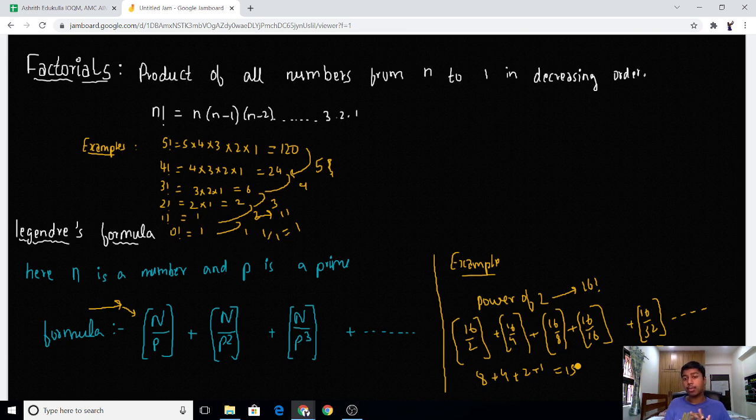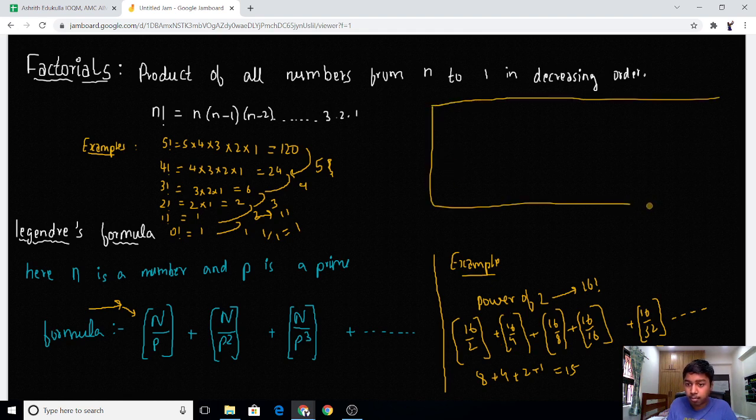One thing you need to observe, let me show it here. If I have the number 20 factorial, I'm just multiplying 20 into 19 into 18 into 17 up to 3 into 2 into 1.